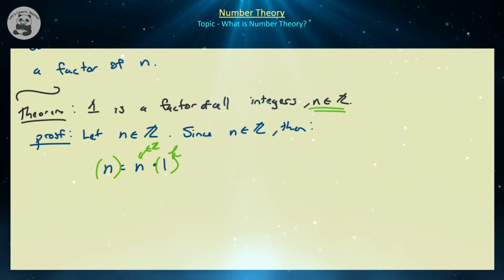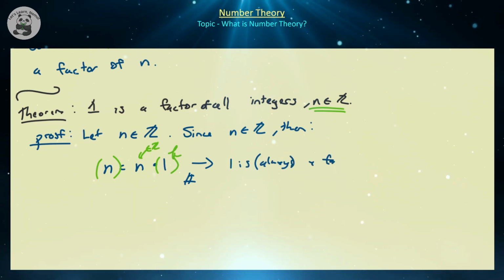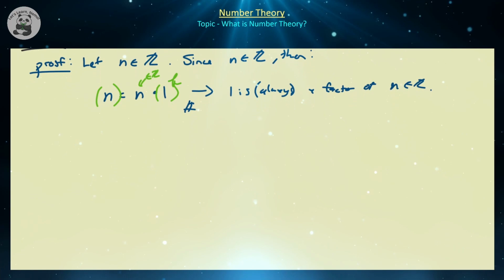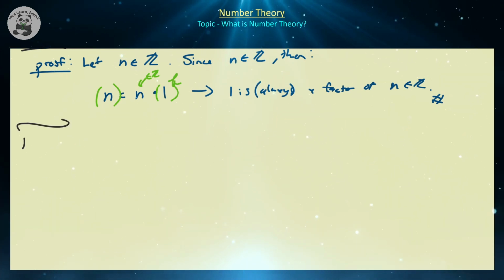And we know that n is always equal to n times 1. That's the identity law associated to Z. Since we have this decomposition, we have exactly what we want. So 1 is always a factor of an integer, regardless of what that integer is, even if that integer is 0, 1 itself, 26, and so on. That's going to be very important later.